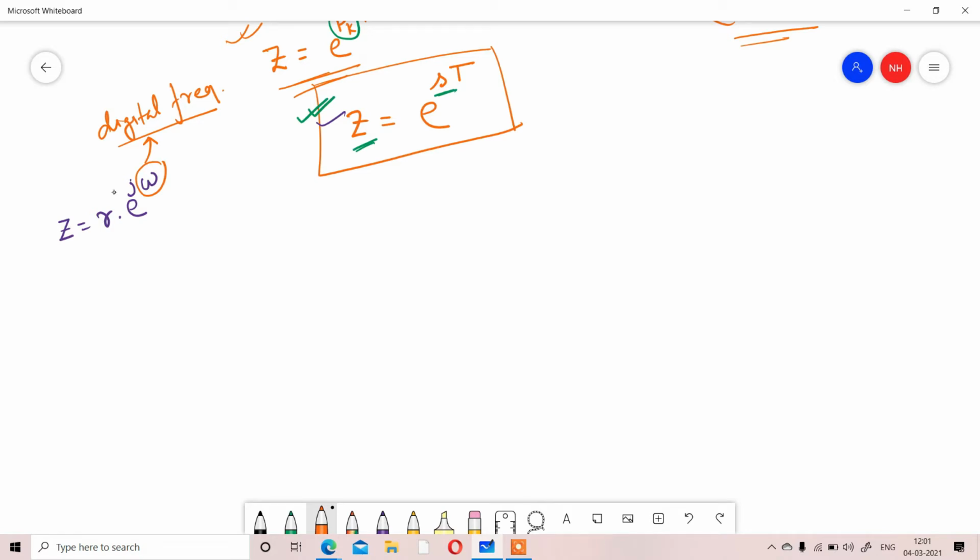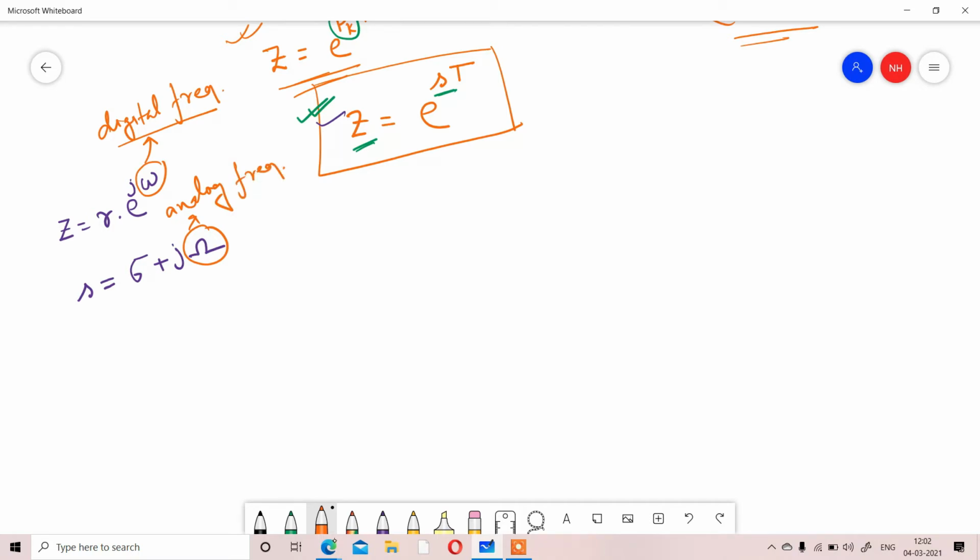And s we know is sigma plus j omega, where omega defines the analog angular frequency.